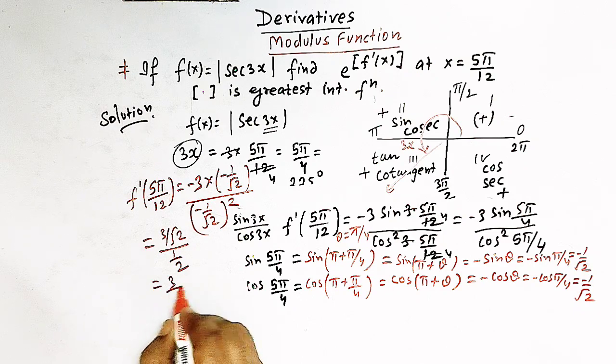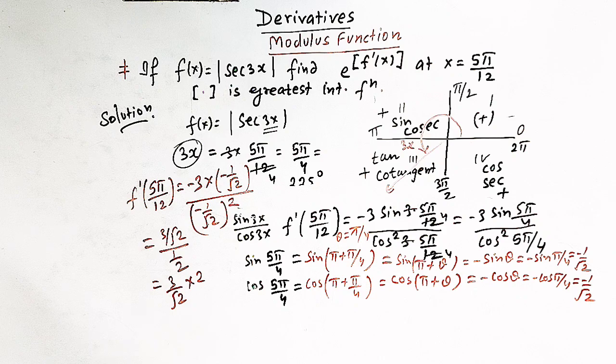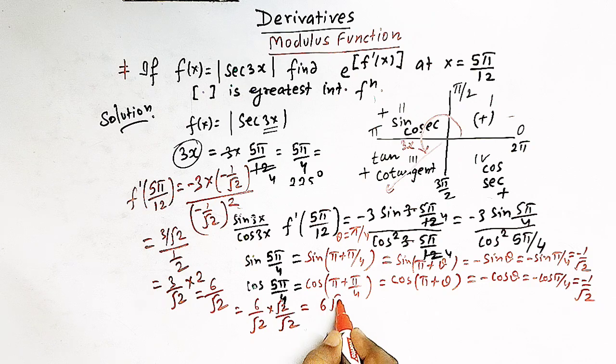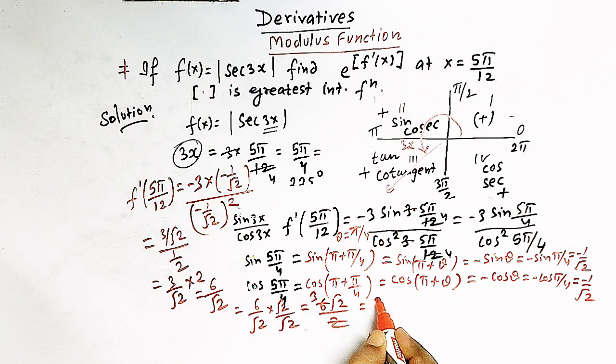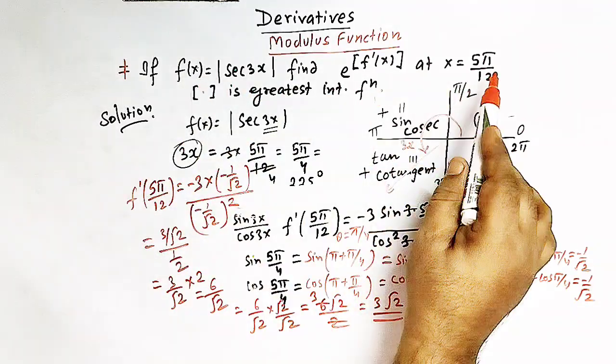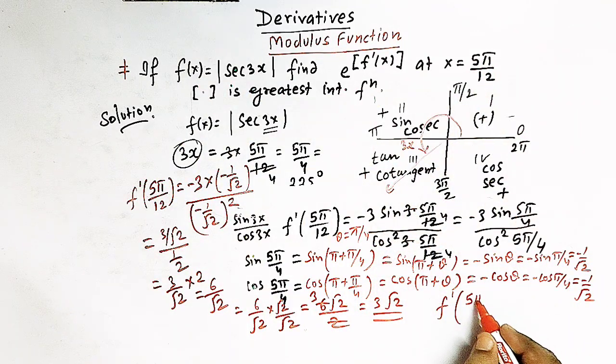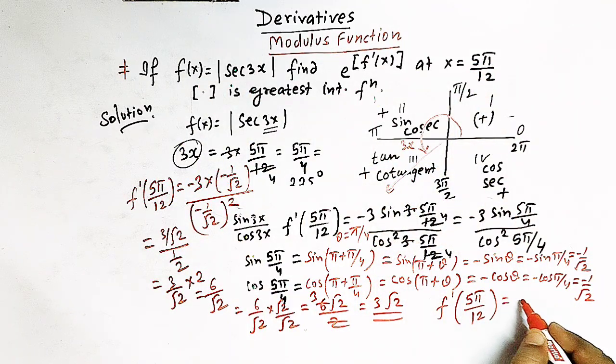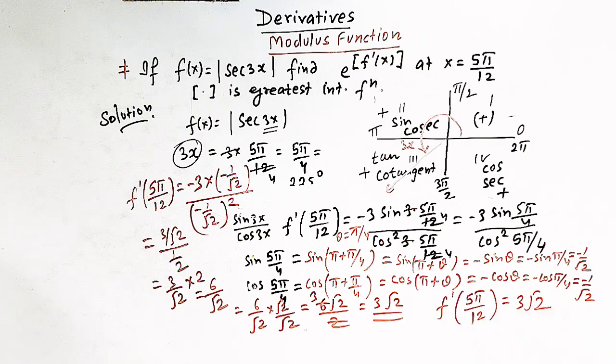So this is 3 over root 2 times 2, and that is 6 over root 2. So we can now write 6 over root 2, rationalizing the numerator and denominator by square root of 2. We have 6 root 2 over 2, and this is 2 times 3, 6. So this is 3 root 2. So the value of the derivative of f of x at this point, that is 5 pi by 12, is given by 3 times square root of 2.